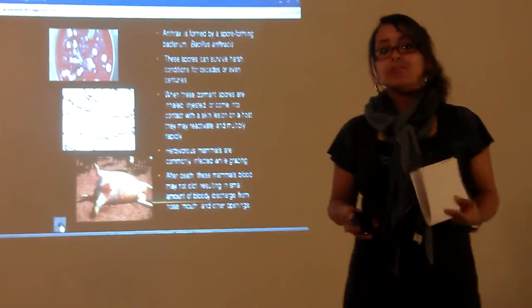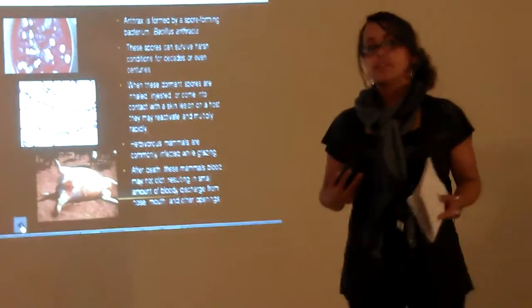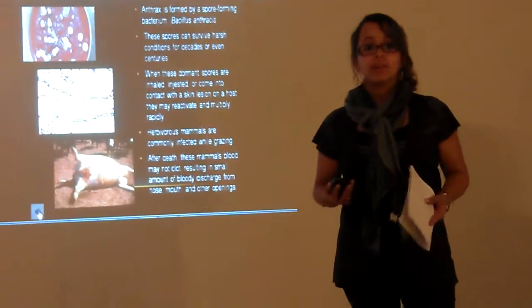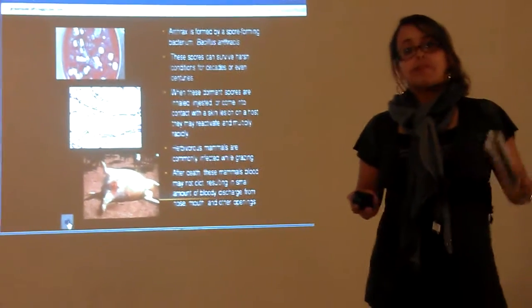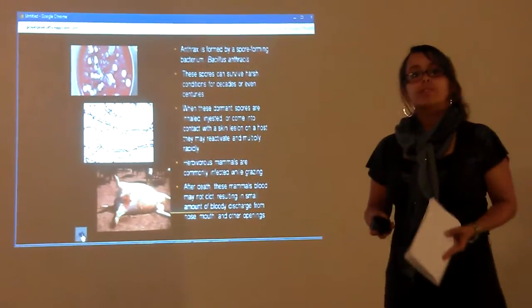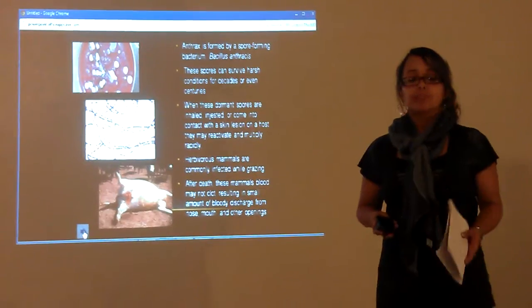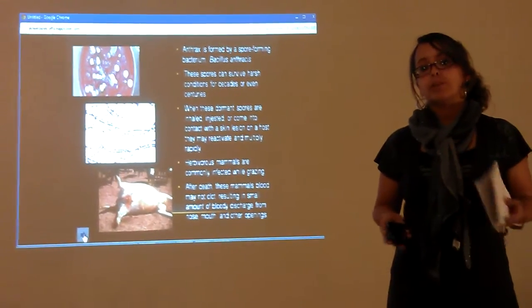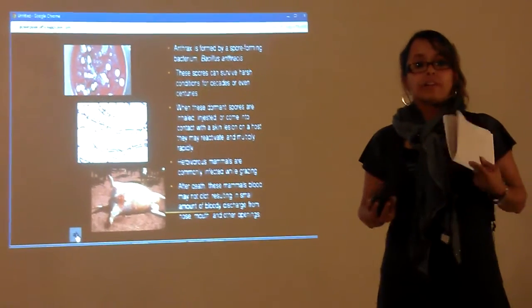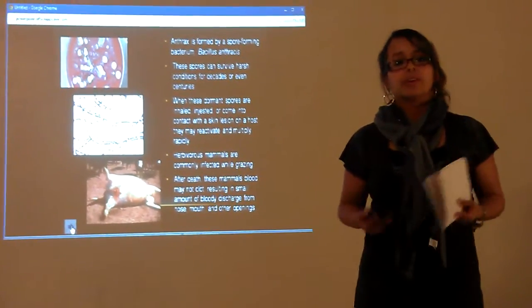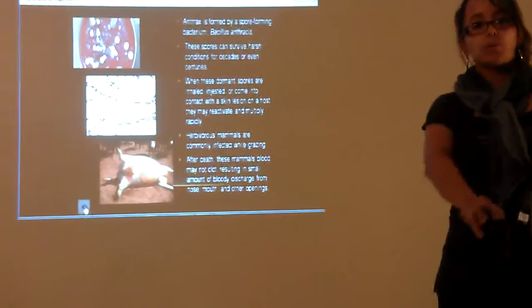They don't tend to ingest too many spores, but they do become infected. If they eat enough of those spores, they die, and their blood stops clotting. They start losing blood through orifices: mouth, nose, and other openings, as we see in this poor little pig.